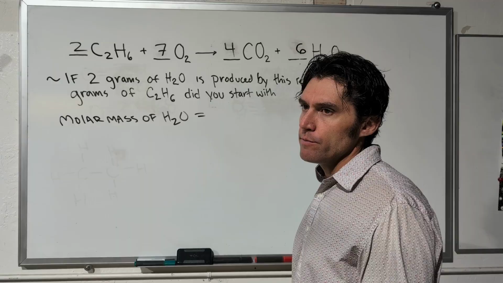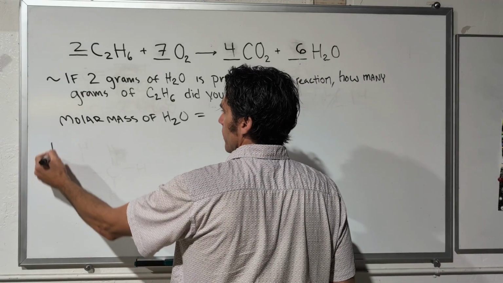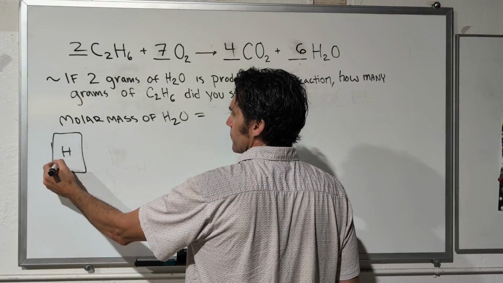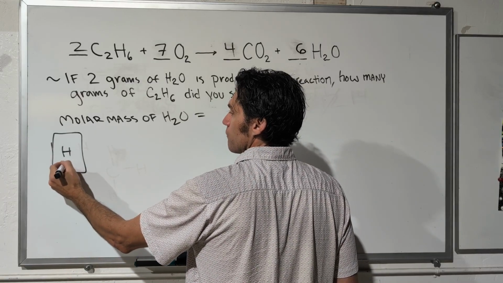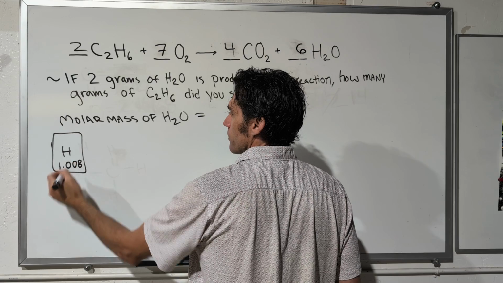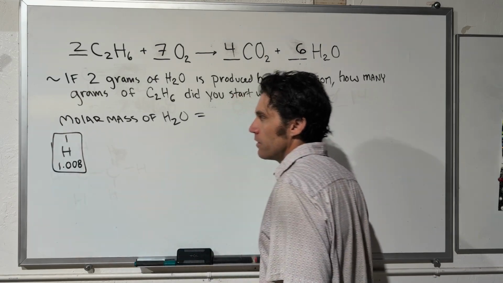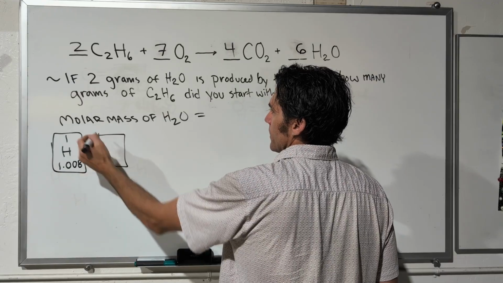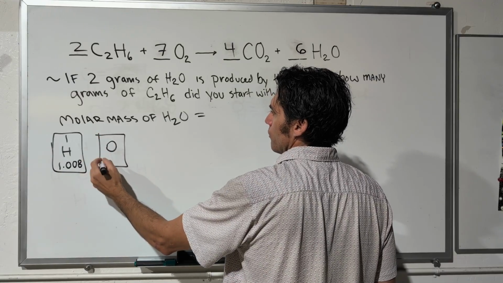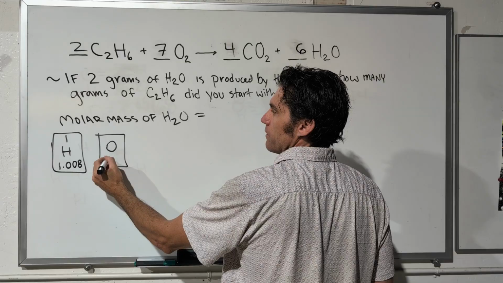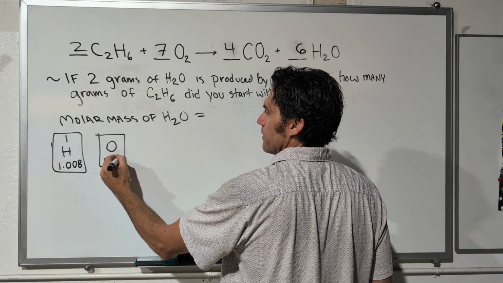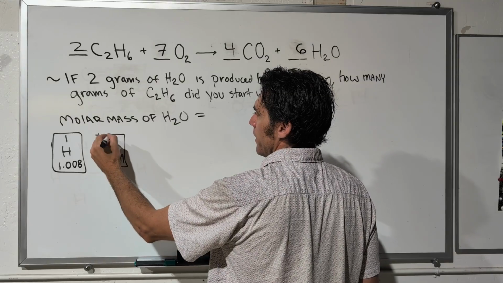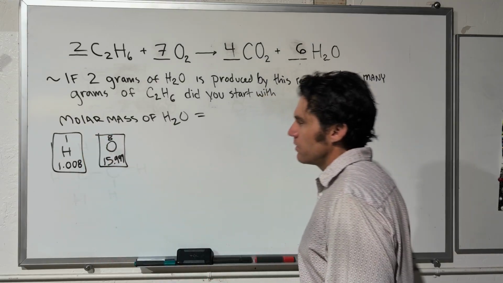And that's pretty easy, because if you look on the periodic table, hydrogen has a molar mass, or atomic mass, of 1.008, and it's got 1 proton. And then oxygen has a molar mass, or an atomic weight, of 15.999, and it's got 8 protons.